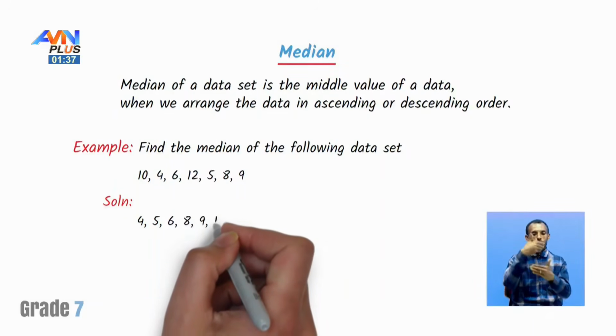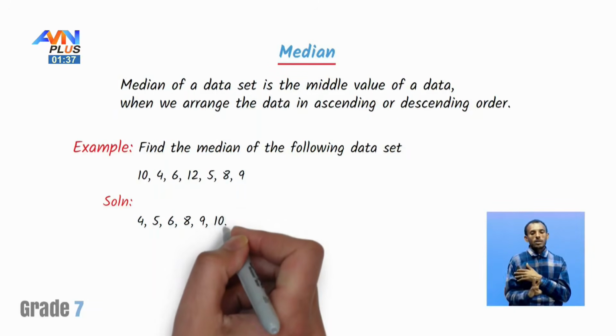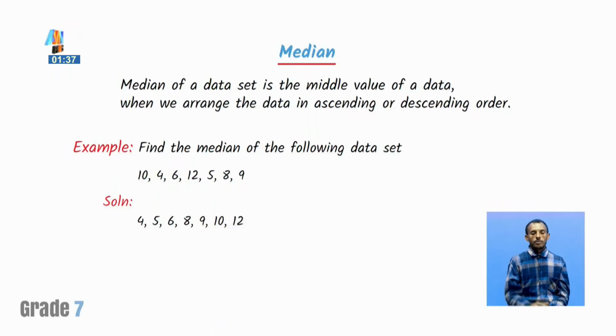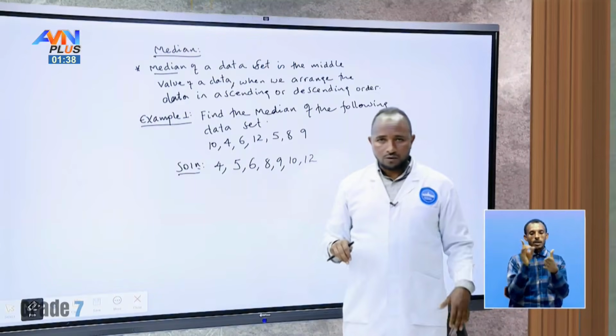Next to 6, we have 8. Next to 8, we have 9. Next to 9, we have 10. Let's count it. We have 1, 2, 3, 4, 5, 6. What number is remaining? 12. Okay, so we arranged this data set in ascending order.